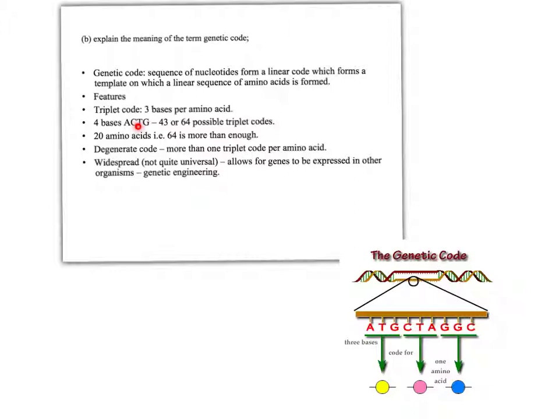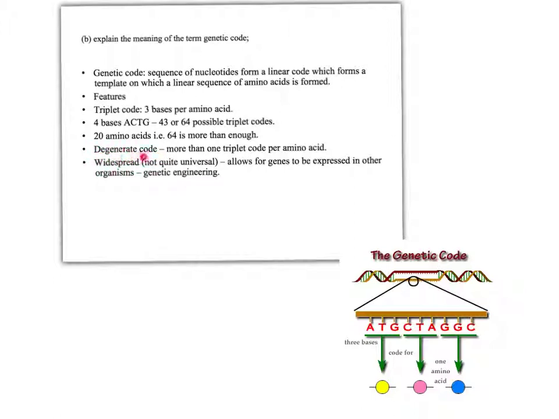But as there are only 20 amino acids and 64 possible codes, that means, for the mathematicians amongst you, there are 44 potentially redundant triplets. But it doesn't work like that. What we find is that each amino acid has more than one triplet code that codes for it, and that principle is known as the degenerate code.